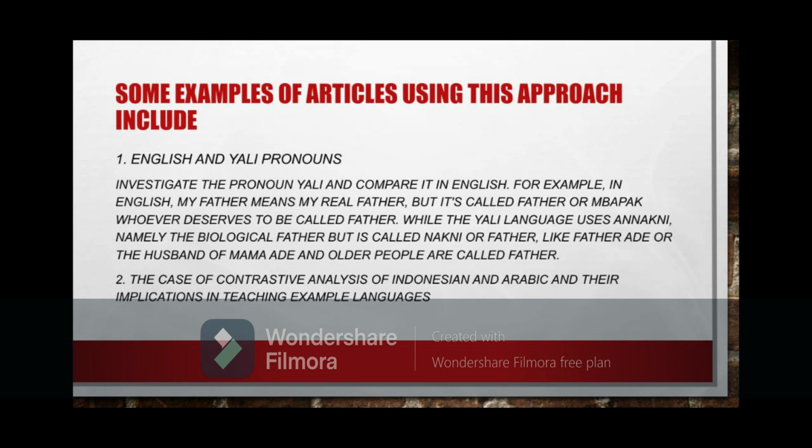which in Indonesian is translated with this symbol, because there is no equivalent.